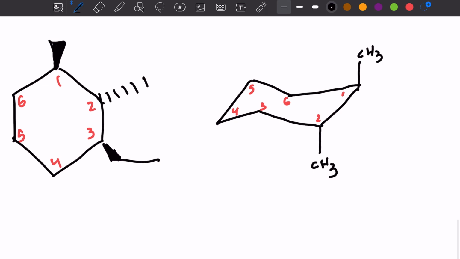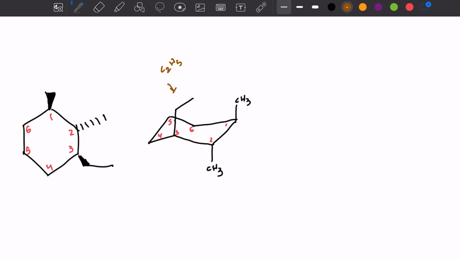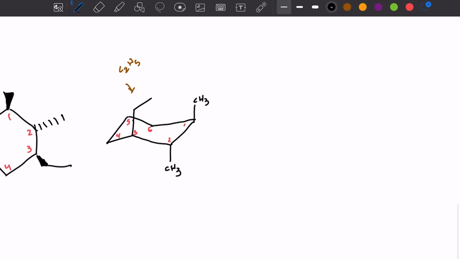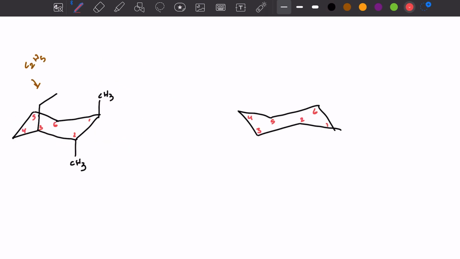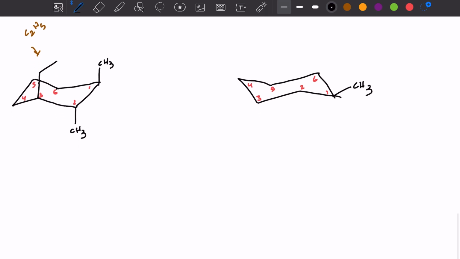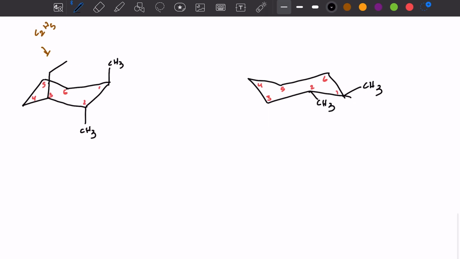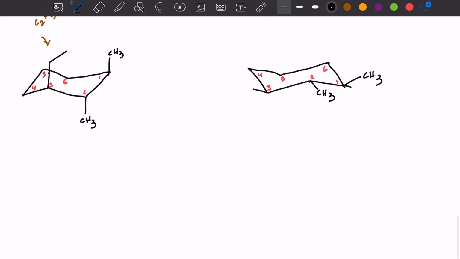And then you have a wedge which would be going up. If you do this ring flip, axial up now goes to equatorial up, so it looks something like this. Axial down is going to go to equatorial down, so you'll get this. And axial up is going to go to equatorial down, like so.